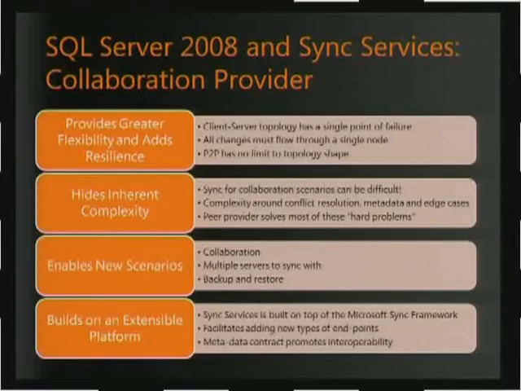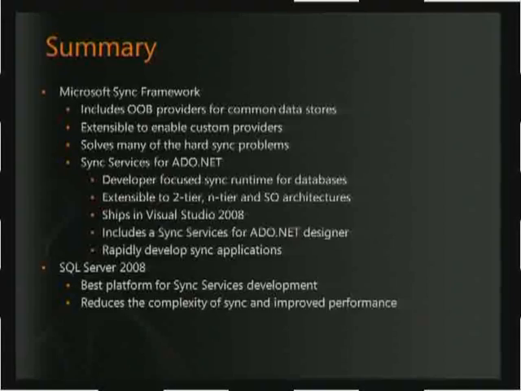And so with that, what we have is a set of out-of-box providers for the sync framework, which we discussed previously. We have the ability to build your own. Sync services for ADO.NET makes it really easy for you to build offline applications in Visual Studio. We give you Compact Edition, which has built-in change tracking. It's easy to deploy.